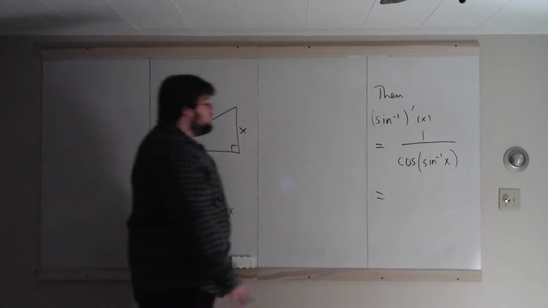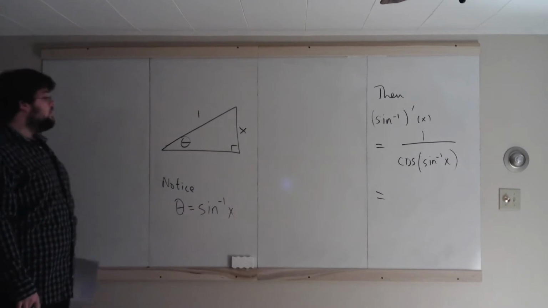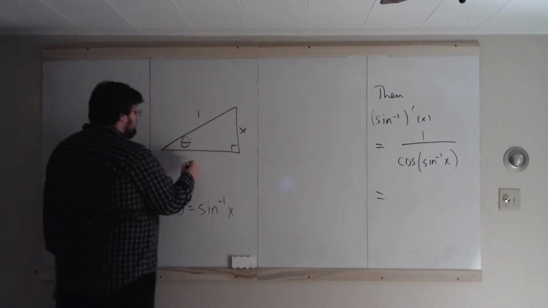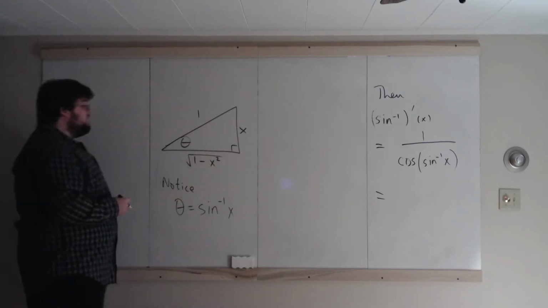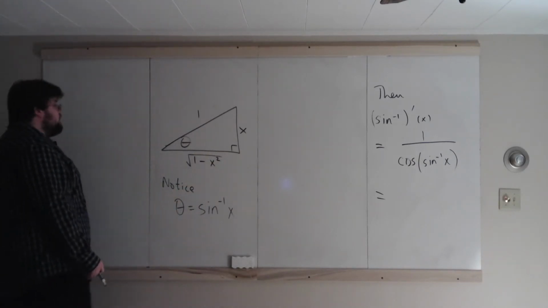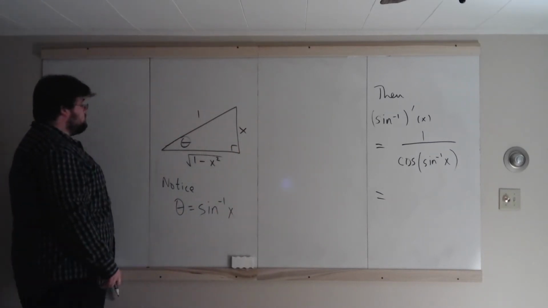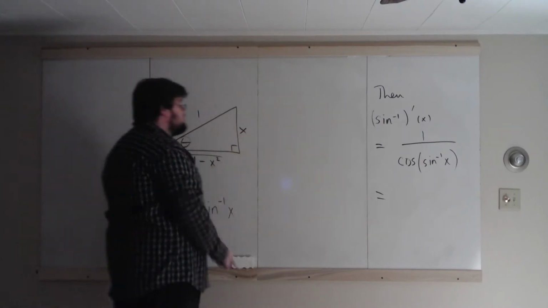We want cosine of theta. Well, cosine of theta is this side over, in this case, 1. This side is given by the Pythagorean theorem. This side is root 1 minus x squared, because this squared plus this squared equals 1 squared. So this side is the square root of 1 squared minus x squared.